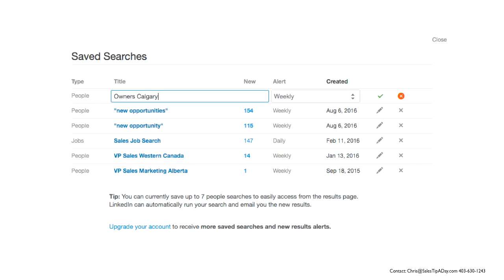If you have a free account, you can get 3 of these. If you have a business account, you can get 7 to 10 of these set up as well. Why you want to do this is that anybody who is an owner of a business in a specific area or has become a new owner and puts that onto their profile, LinkedIn looks for that, and anyone that's changed their profile in the previous week will show up in these search results.